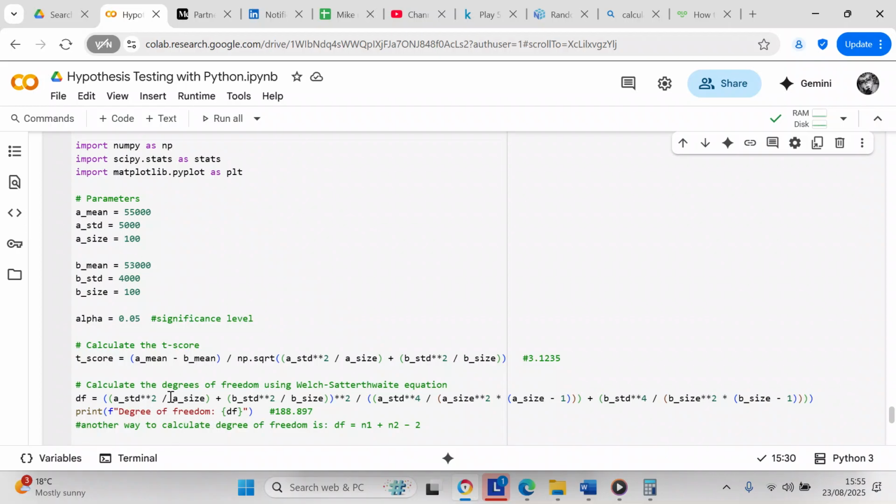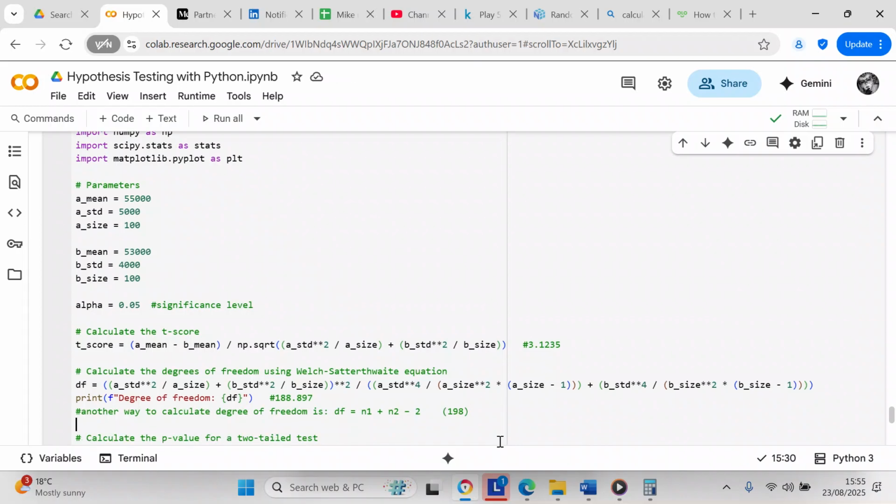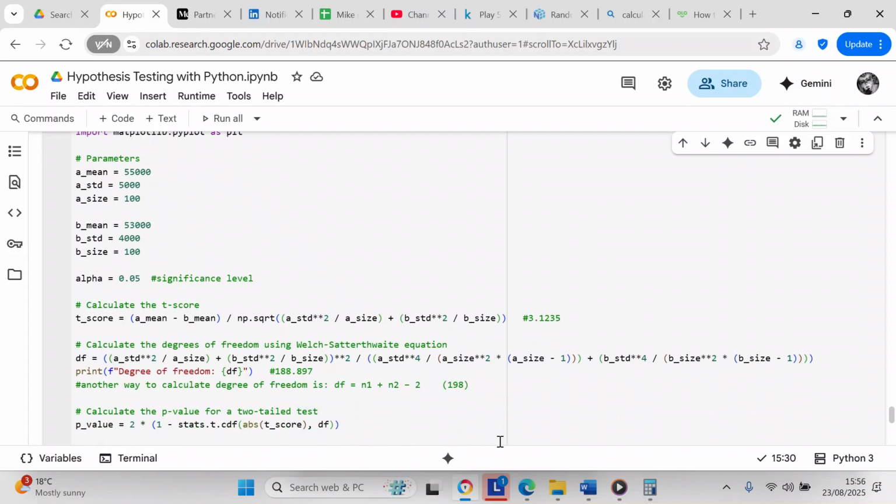So basically, 100 plus 100 minus 2 equals 198. So that would give you a degree of freedom of 198. We went ahead and used the Welch-Satterthwaite in this example, but there's an easier way to calculate degrees of freedom if you want to.